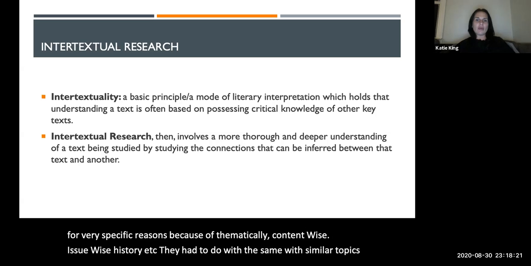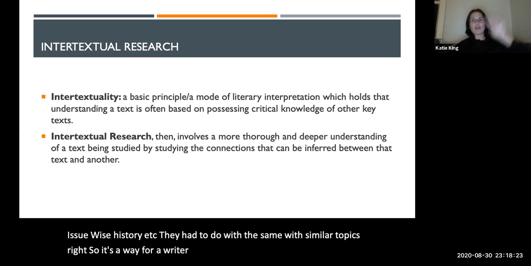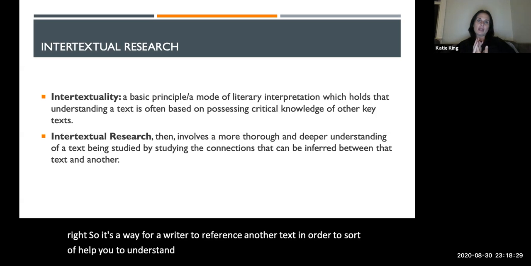So it's a way for a writer to reference another text in order to help you to understand something that's going on in the text that writer is creating.